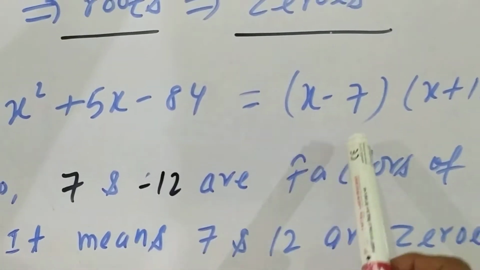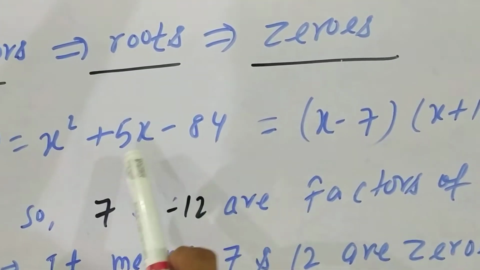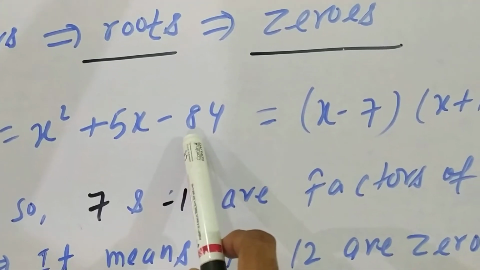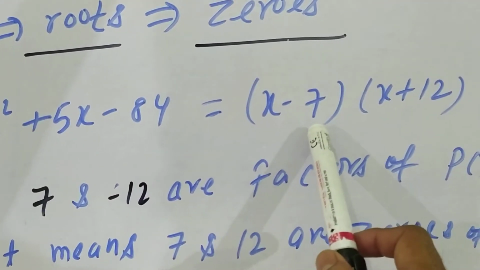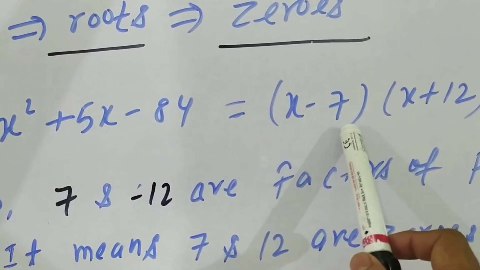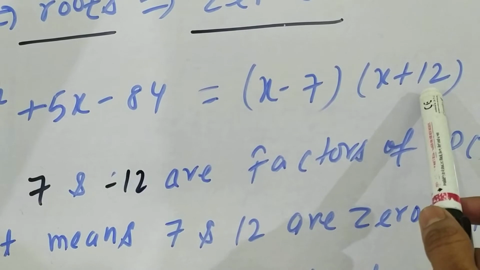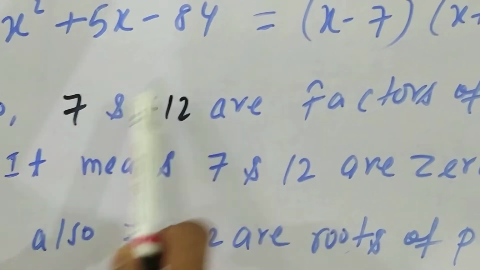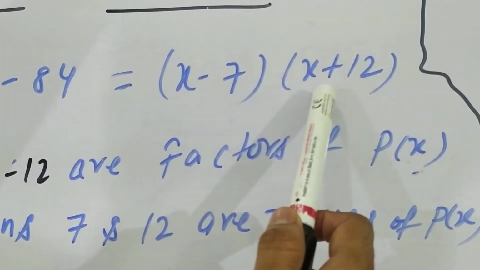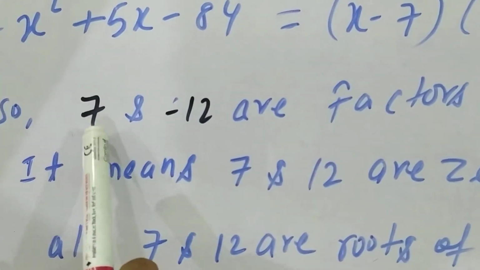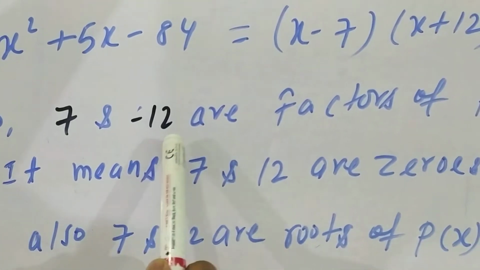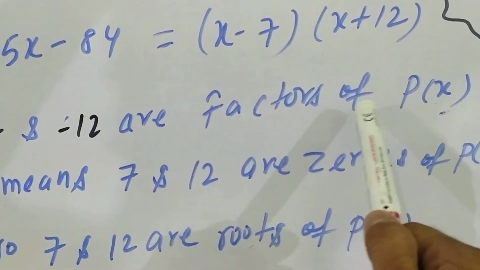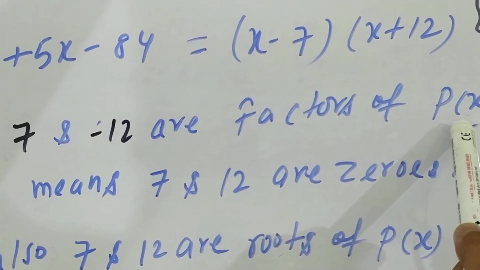Suppose after calculating this x square plus 5x minus 84, we got these factors: x minus 7 and x plus 12. So x minus 7 equal to 0 and x plus 12 equal to 0. It means 7 and minus 12 are the factors of the polynomial p of x.